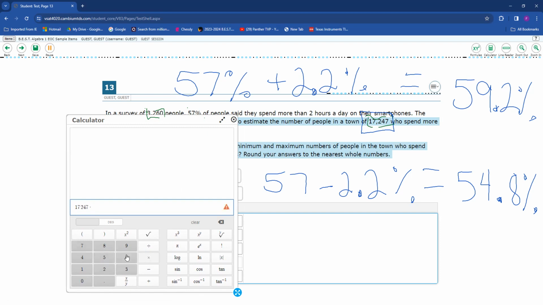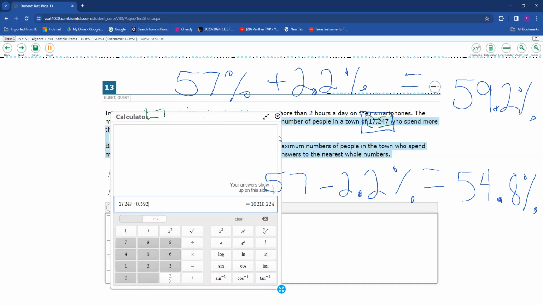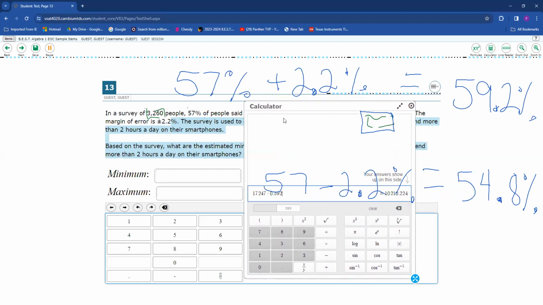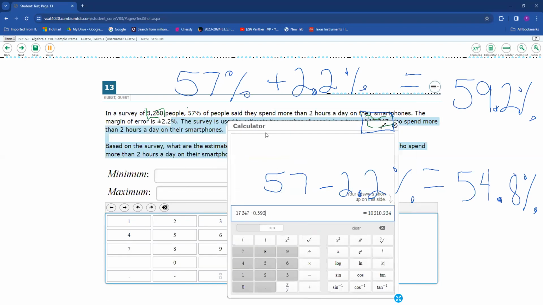We're gonna use it as a decimal of 0.592. Okay, so rounding to the nearest whole number, we have 10,210. The rest of the people do not spend more than 2 hours. So that's the maximum.